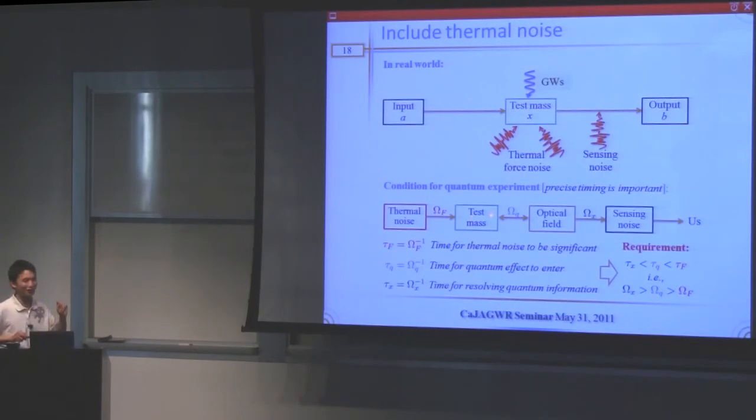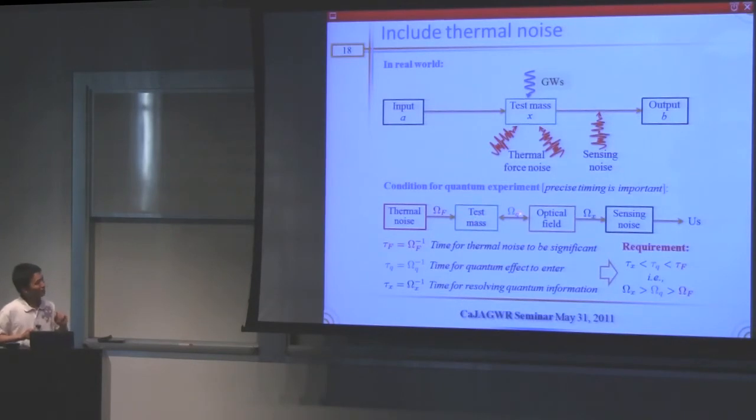Let me just give you some intuitive understanding. Basically, if you define omega f, whose meaning will become clear later, it describes how strongly the thermal noise affects your test mass.